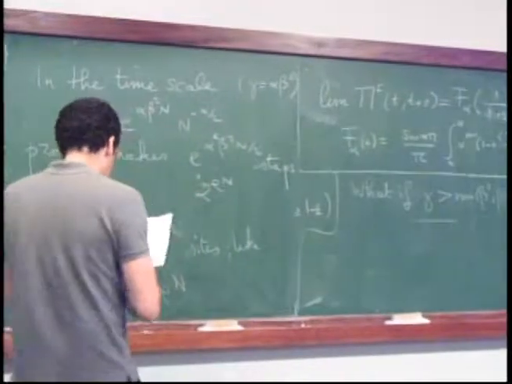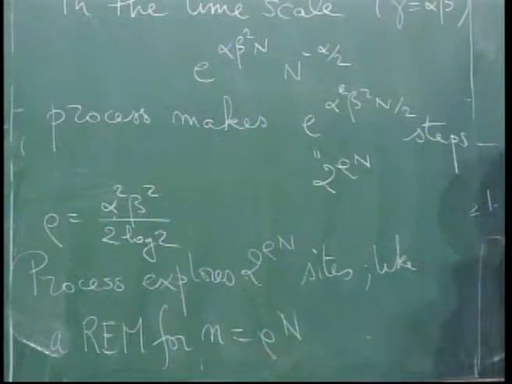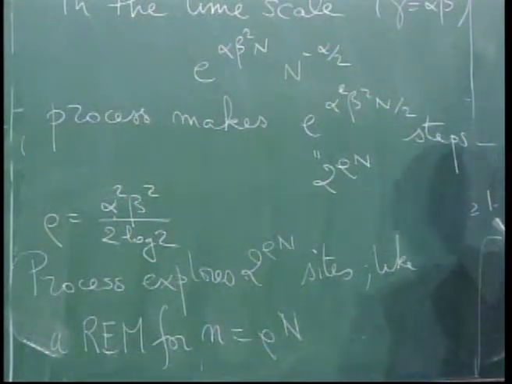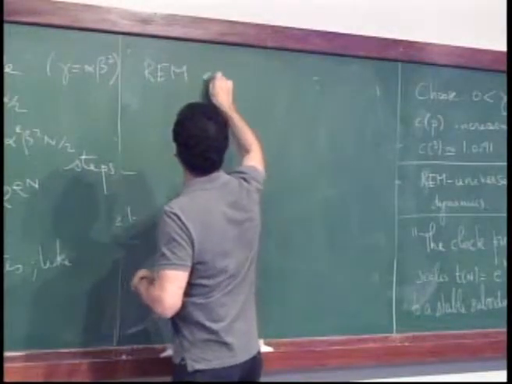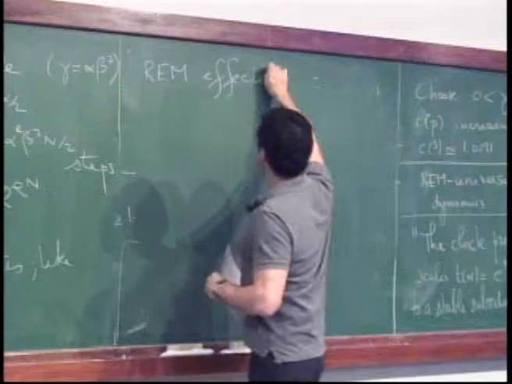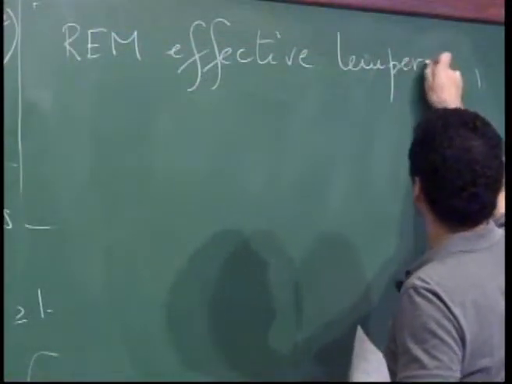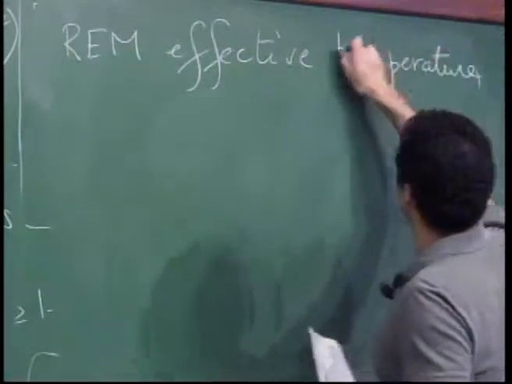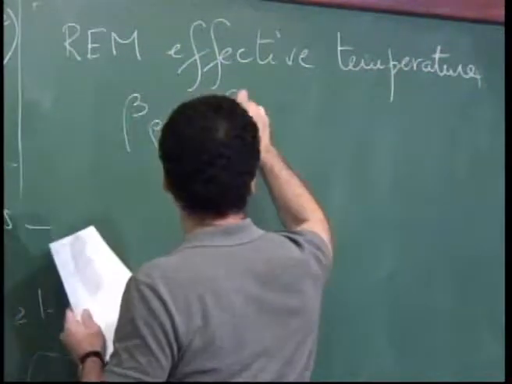Once it visits this number of points, it's like a REM, or if you want, it's like a REM with an effective temperature, a different temperature. That's the way physicists think about it. Let me call it beta rho, which will be beta divided by square root of rho.